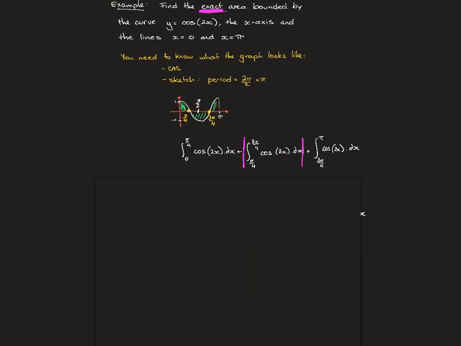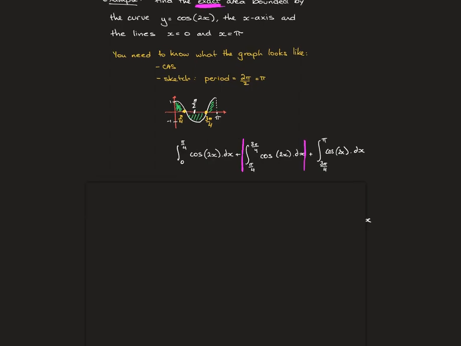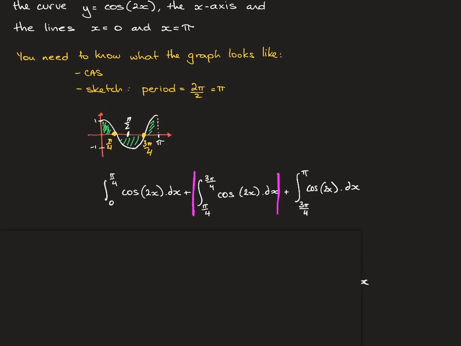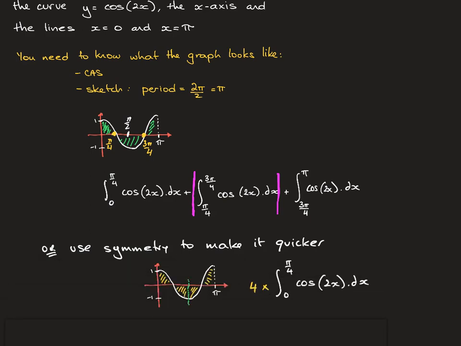So surely there is something that you can do that will make it a little bit quicker. So we can use symmetry to make it quicker. Absolutely. Can you see where it's symmetric already? So what we've got, this little section here is exactly the same as this little section here.